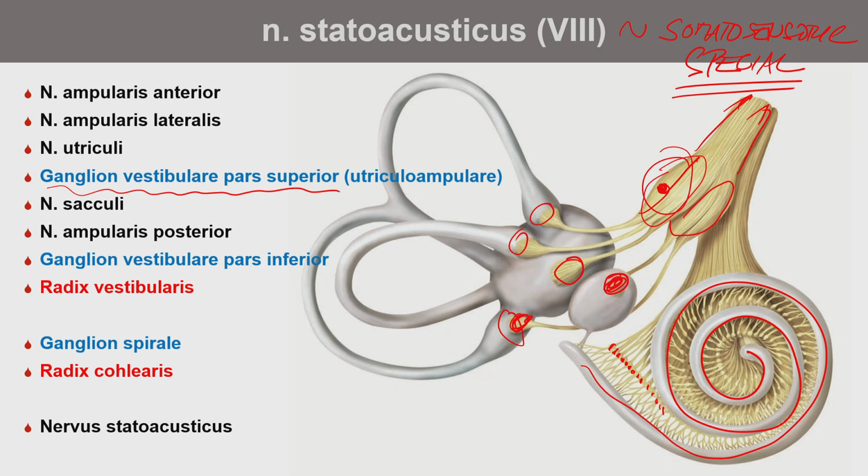Several parts have different sensations and are sensitive for different frequencies of sound. Then those ganglia form the cochlear nerve, which is associated with the vestibular nerve and entering the brainstem.